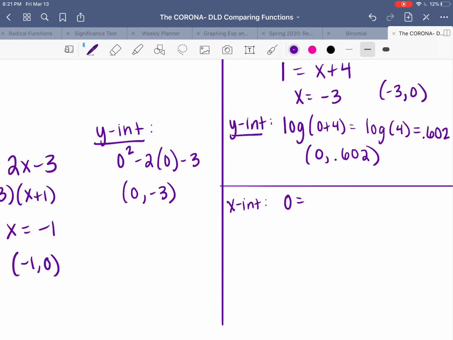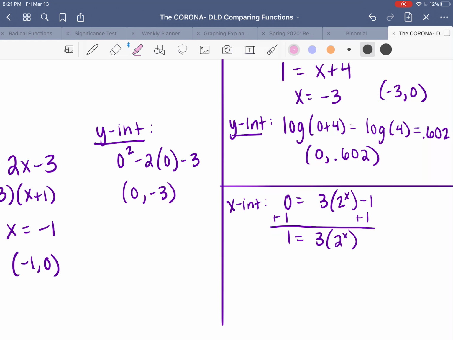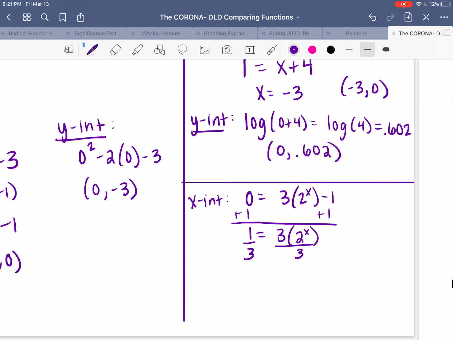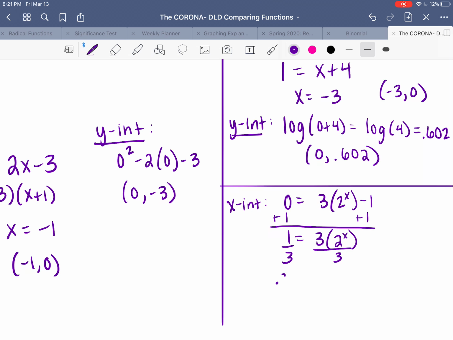So we're going to have 0 equals this function. Very first step, we need to add 1 to both sides to solve. And then in order to take the log, we need to make sure that we just have 2 to the x by itself. So we need to divide by 3. So we're going to have 0.3 repeating equals 2 to the x.